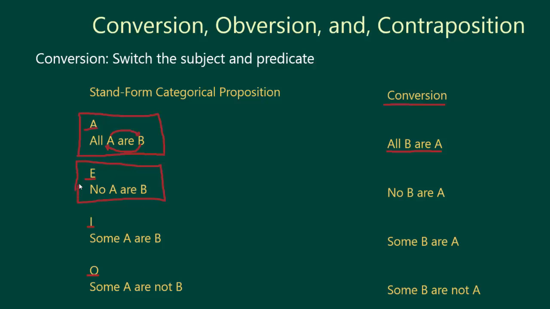If we look at this E proposition, then by switching out the subject term and the predicate term, instead of no A are B, we get no B are A. Likewise, from some A are B, when we convert, we get some B are A, because those just switch the subject term and the predicate term from each other. And then some A are not B. When we apply conversion, we get some B are not A. Pretty straightforward, I think. Obversion and contraposition, we'll see, are a tad bit more involved or difficult.